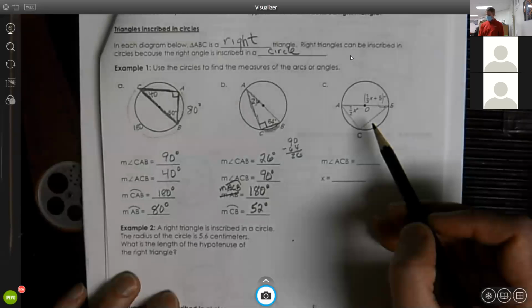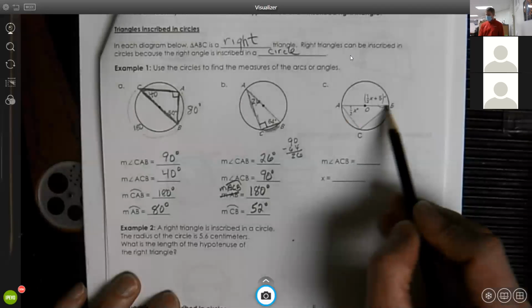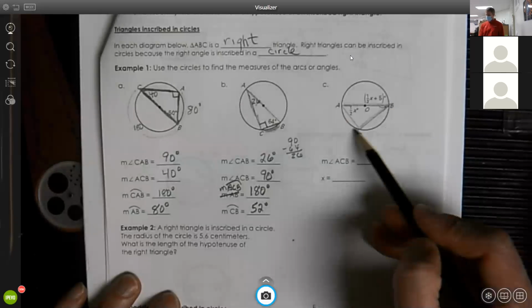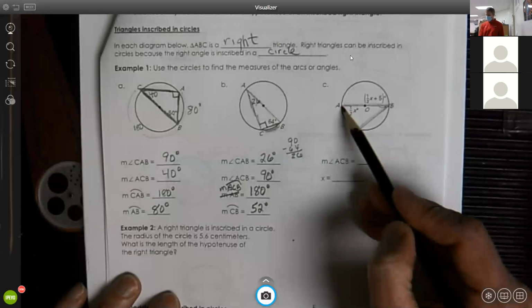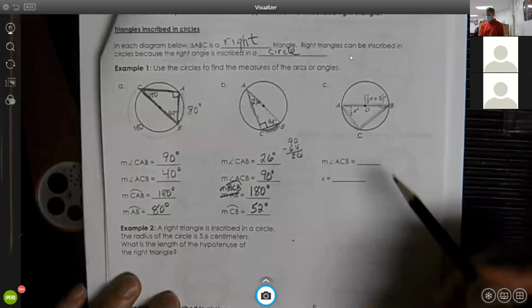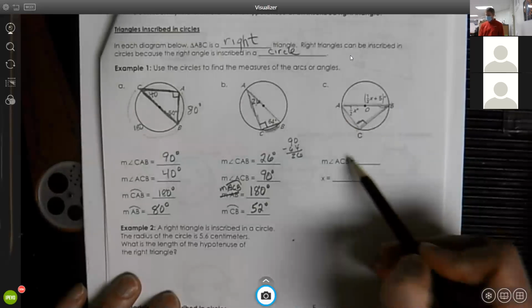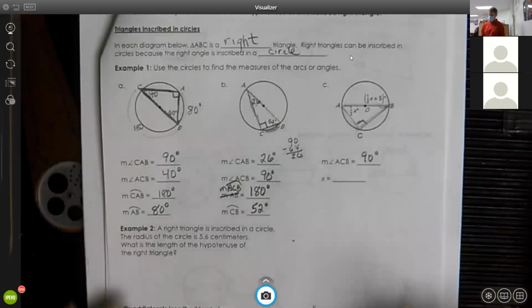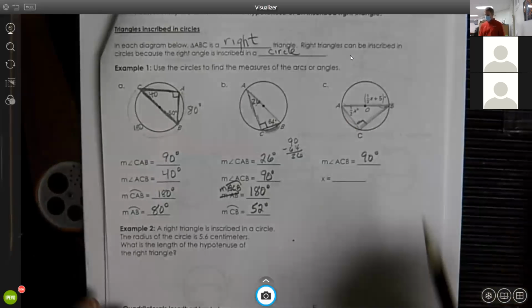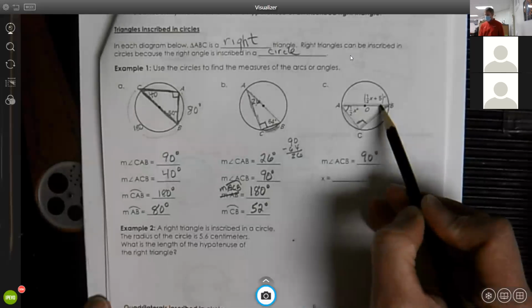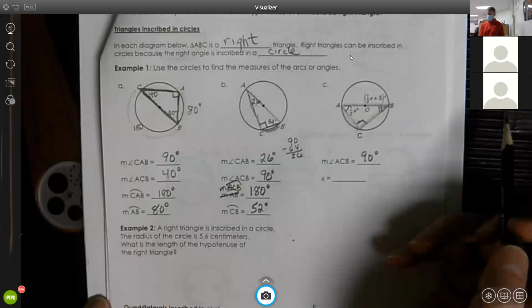Now we come on over to another diameter where we have an inscribed angle that touches the endpoints of that diameter. So we know we have a right angle. So ACB is 90 degrees. That means the other two angles are going to be complementary.